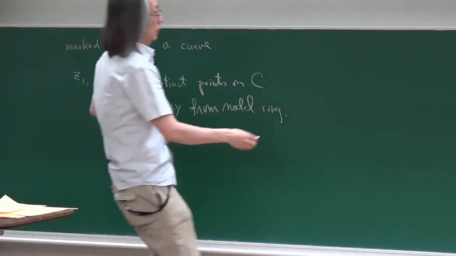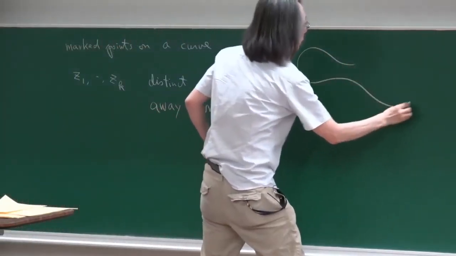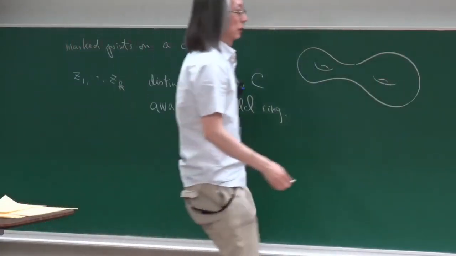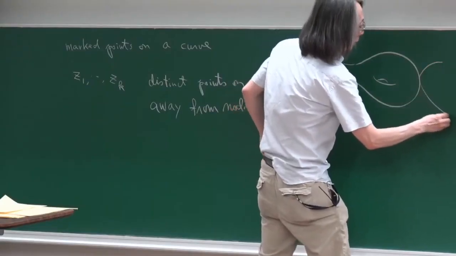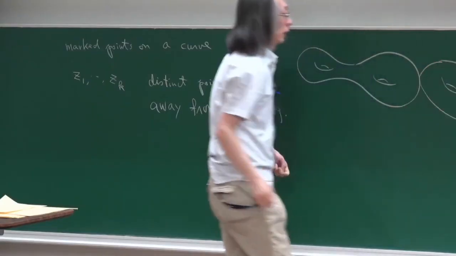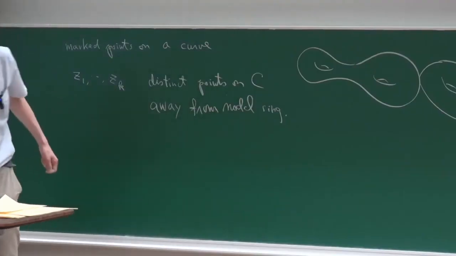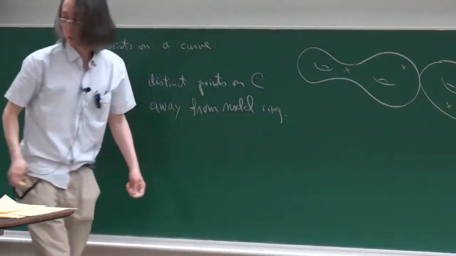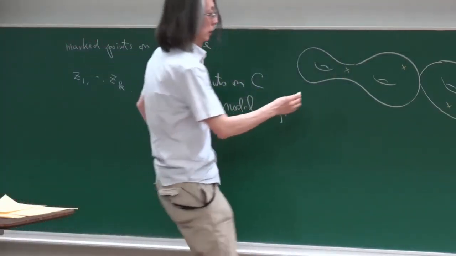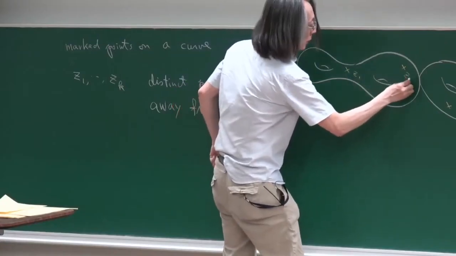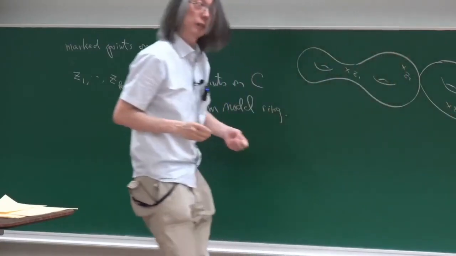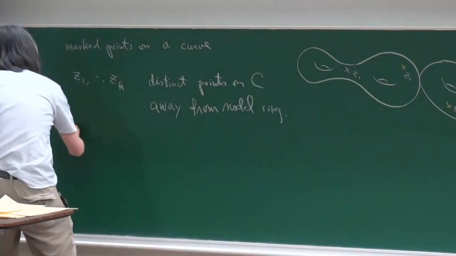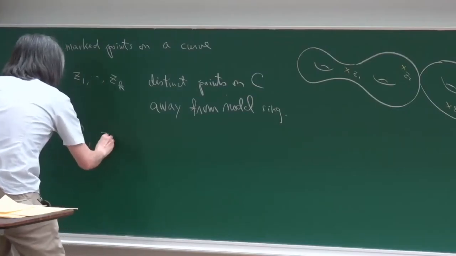The picture is always just a cartoon picture, because I cannot really draw any real picture here. So marked points are just points somewhere like this: z1, z2, zk.